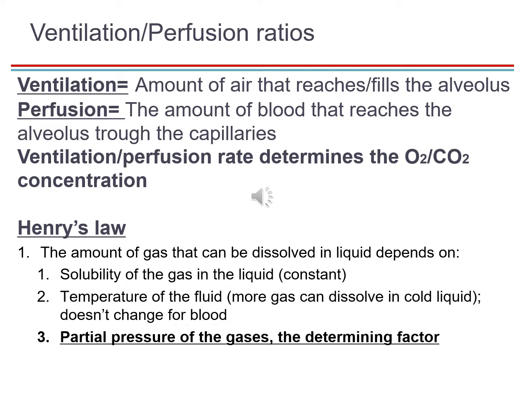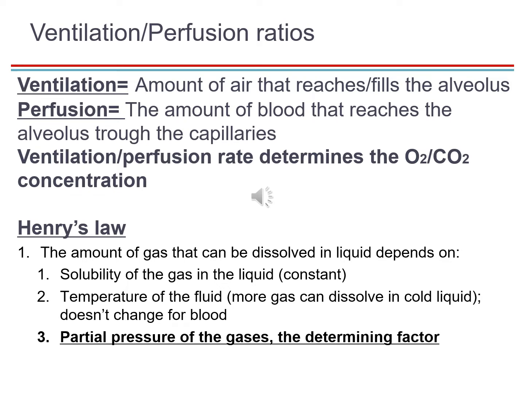Two of them are the first ones that you read over here: the amount of gas that can be dissolved depends on the solubility of that gas in a liquid. In this case that is pretty much constant, because we know how much oxygen can be dissolved and how much carbon dioxide can be dissolved.